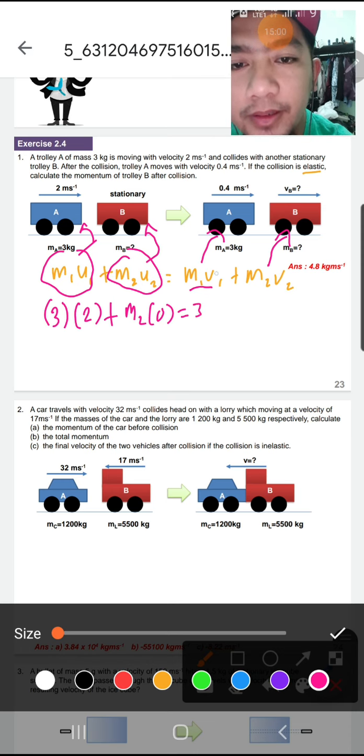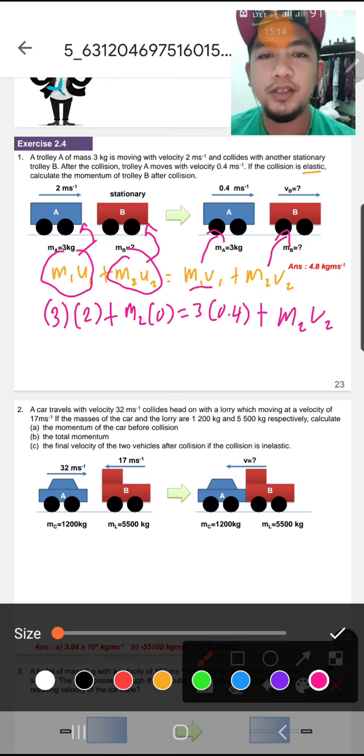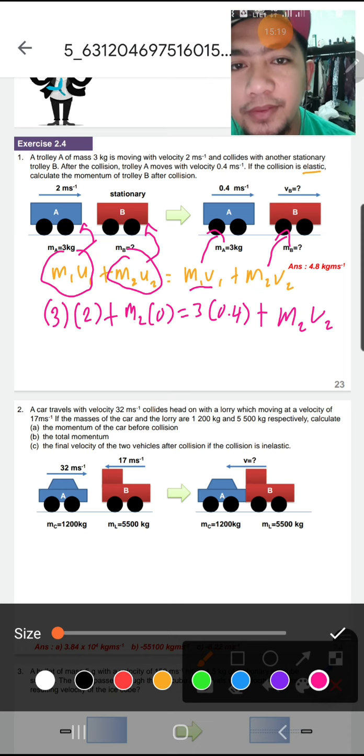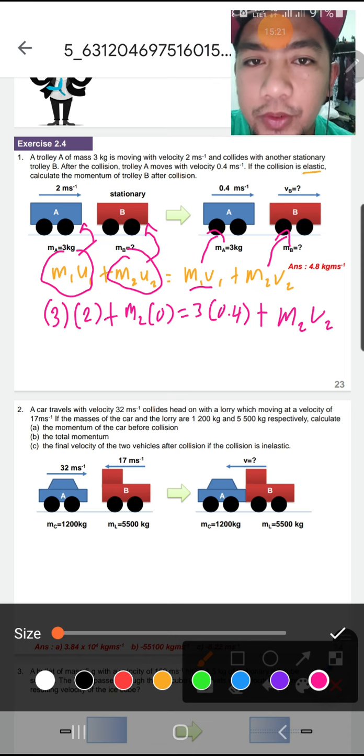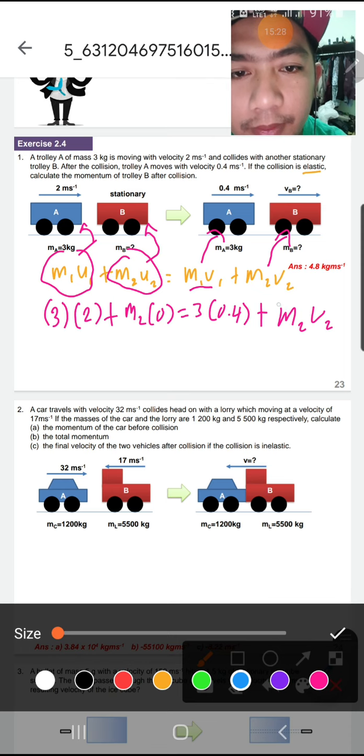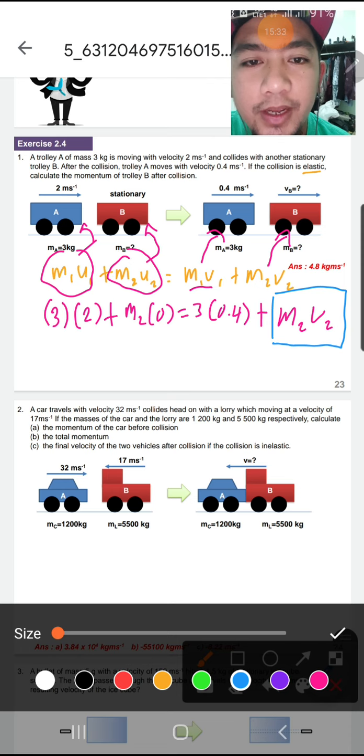So m1 is 3, v1 is 0.4, plus m2 v2. There is no mass because the question didn't give us, and the velocity also. The question asks about the momentum of trolley B, so that means we need to find the momentum of trolley B after collision.